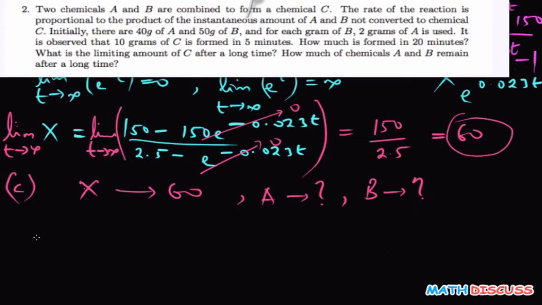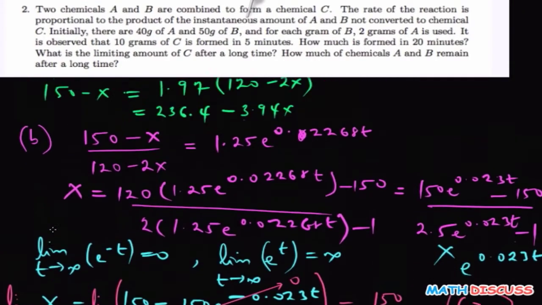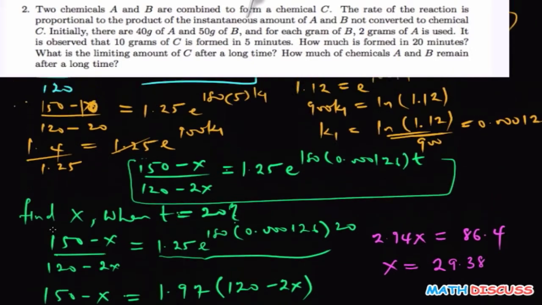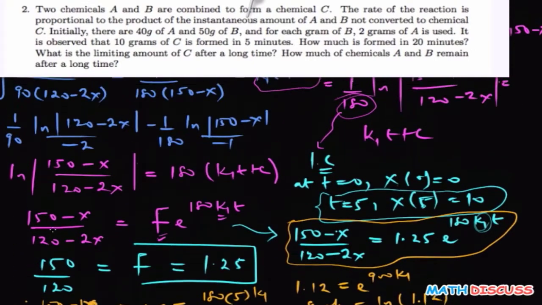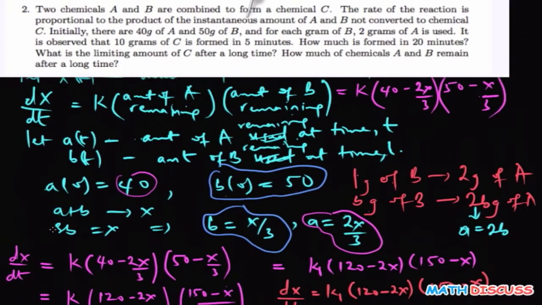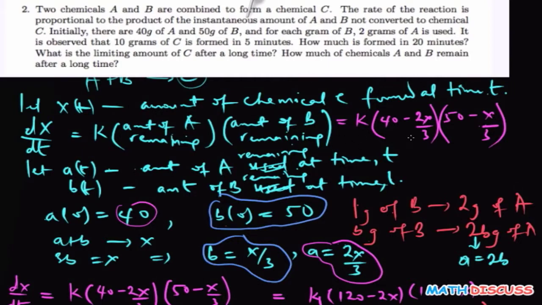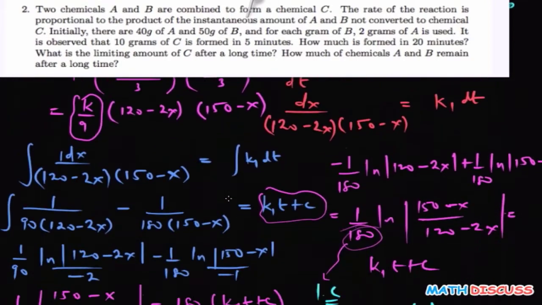So we'll recall that at time t, A and B remained something here. So at time t, the amount of A remaining is (40 minus 2x) all over 3. And at time t, the amount of B remaining is (50 minus x) all over 3. So we're going to use that.